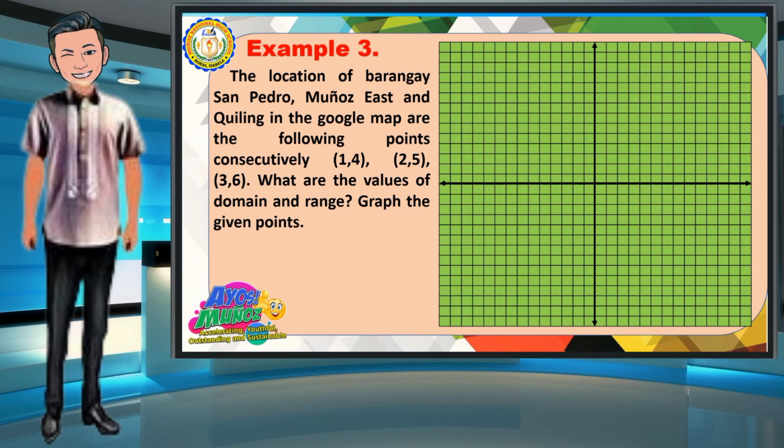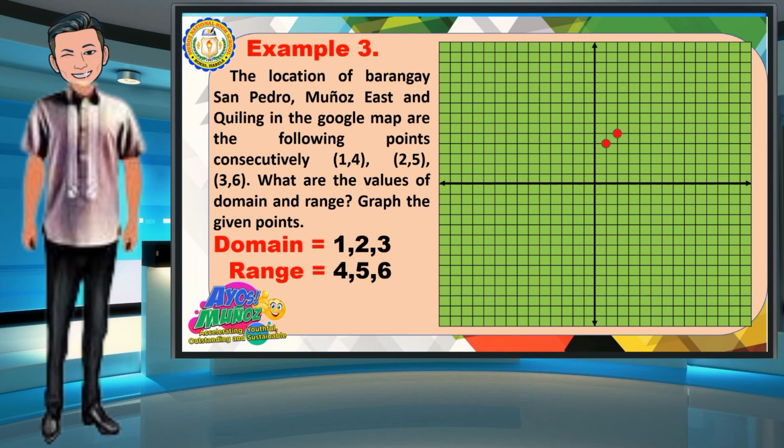Graph the given points. We have the domain 1, 2, 3. How about the range? We have 4, 5, and 6. We're going to locate the 3 points. 1, 4 belongs to quadrant 1, since they are both positive.